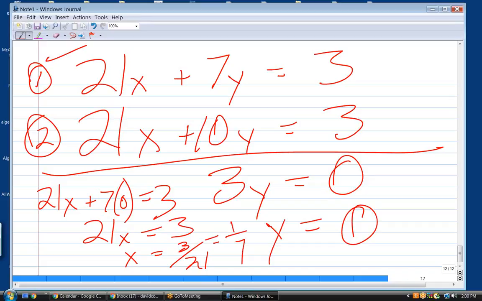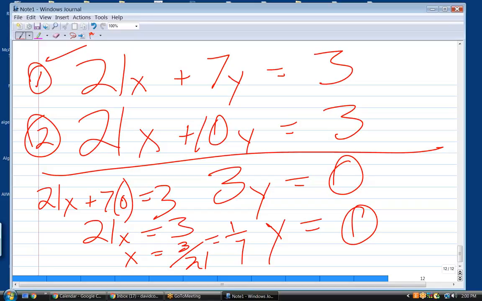But in all honesty, I don't know how you'd get that from a calculator, especially the calculator you're going to have on the GRE. Yeah. No way you're going to know how to convert 3 over 21 into 1 over 7 unless you learn your multiplication and division tables. And a lot of factoring is like that.